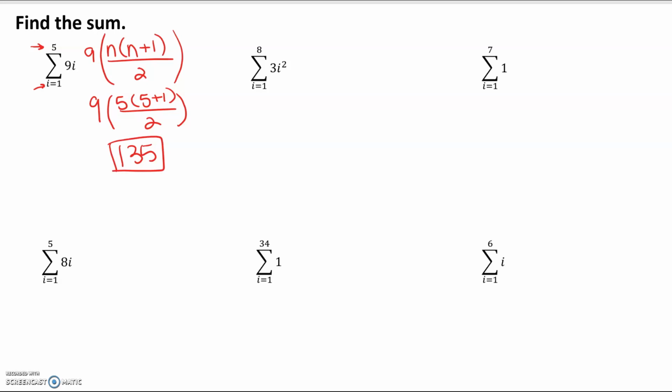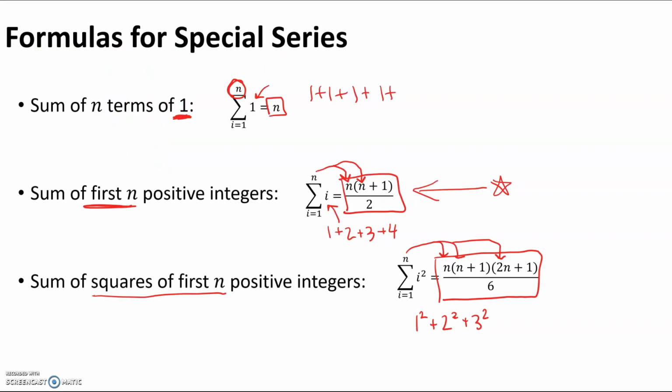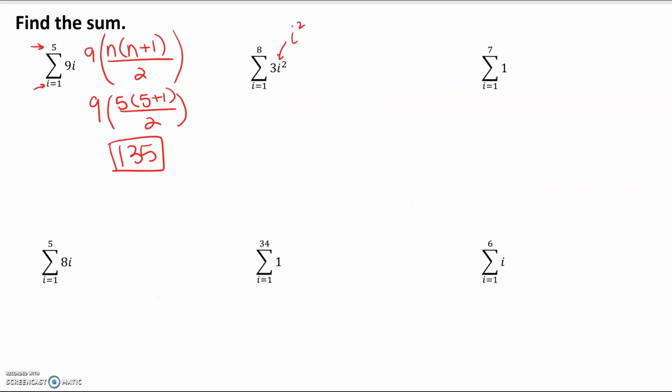Okay, second one, very similar. I don't have any quite like this, but I do have one that's similar. It is just an i squared. So if I go back, it's the one on the bottom here, my i squared. So I'm taking 3 times that rule, and our rule was n plus 1, 2n plus 1, all over 6.